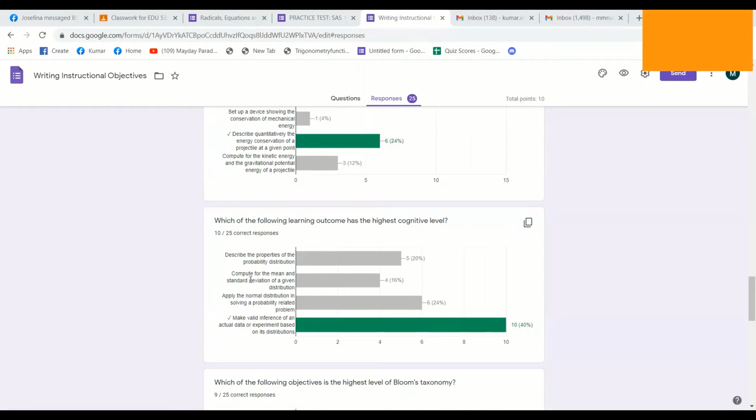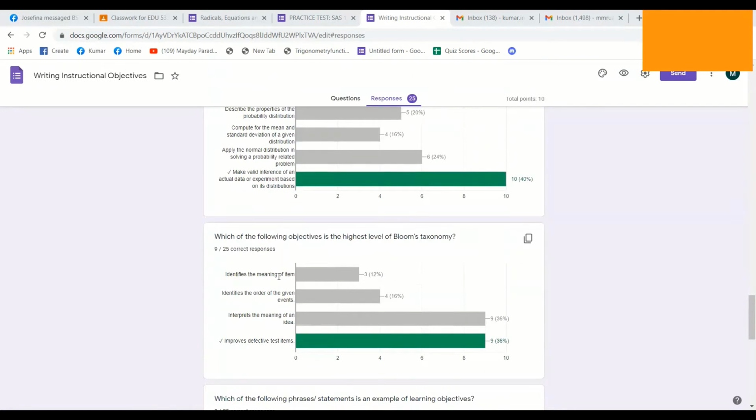Okay, this is not creating, it's evaluating. Since there is no creating here, we go to the second highest, evaluating. So A is understanding, B and C are applying, D is evaluating. Since evaluating is the highest here, letter D is the answer.